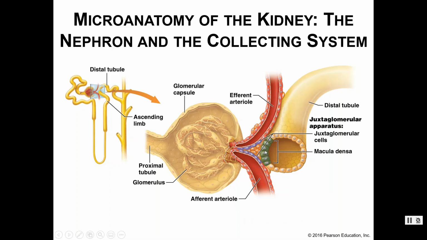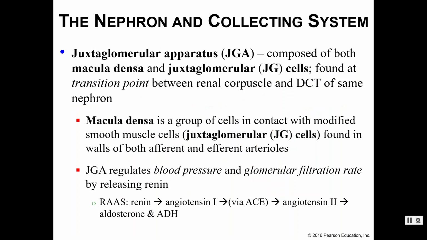We've got the JG cells, the juxtaglomerular cells, these little purple ones. And then you've got these macula densa cells. These macula densa cells are part of the distal tubule. These JG cells are actually part of your afferent and your efferent arterioles. That should give you a little bit of an idea of where we are and what we're talking about.